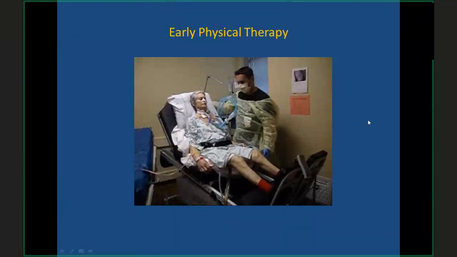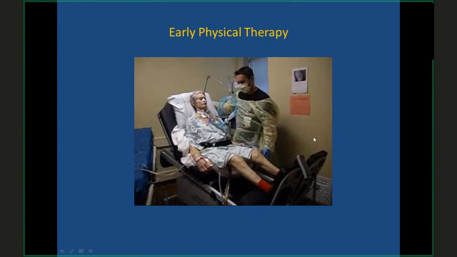Early physical therapy might work, but there's no clinical trial. I think it's probably difficult to do a clinical trial in this case. But we always try to get physical therapy as early as possible.